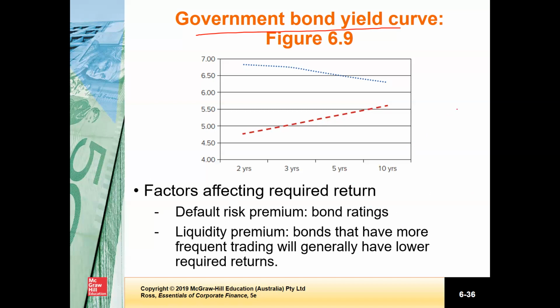The blue one is the short-term one, the 90-day, and the red one is the 10-year government bond yield. So you can see that the long-term interest rate yield curve is upward sloping, and the short-term interest rate yield curve is downward sloping.